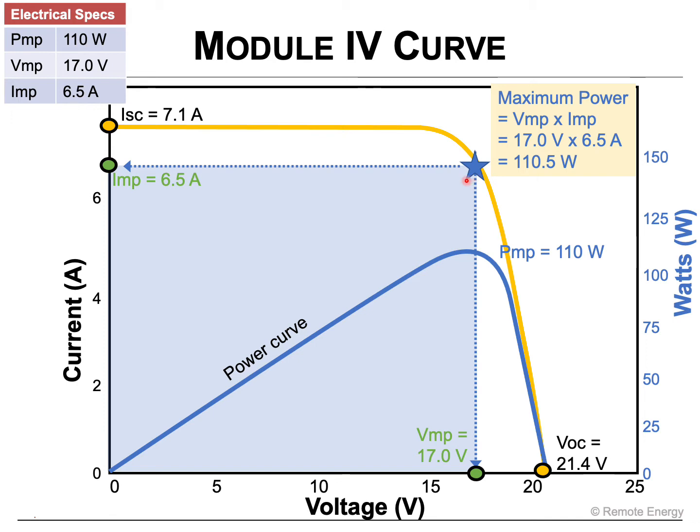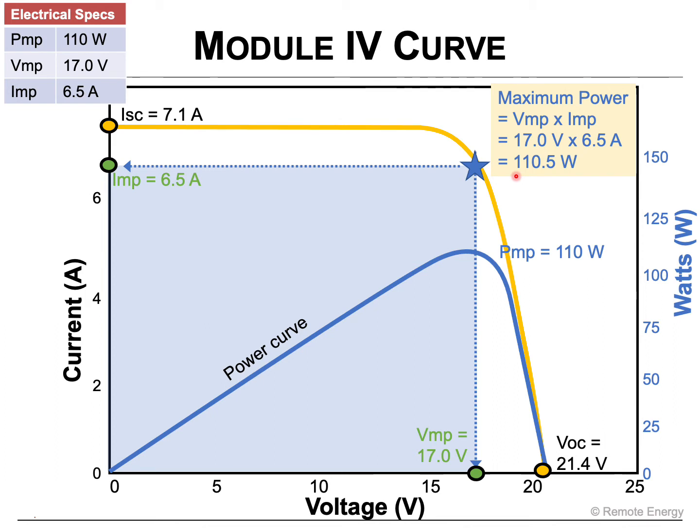And so we bring that across to the amperage, and the IMP is 6.5. So they put that onto the nameplate, and we come down here to the volts, and we have the VMP is 17.0 volts. And when we multiply those two together, we get 110.5 watts. And so that is how they label that module 110 watts.